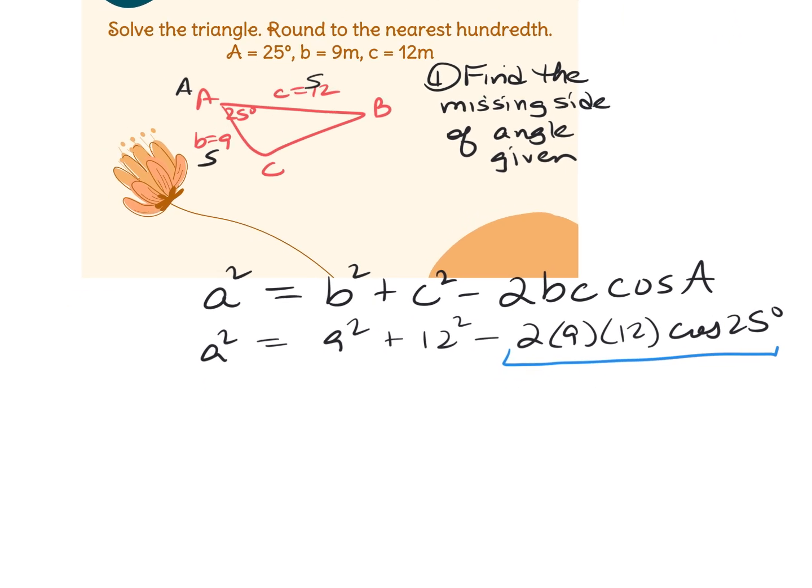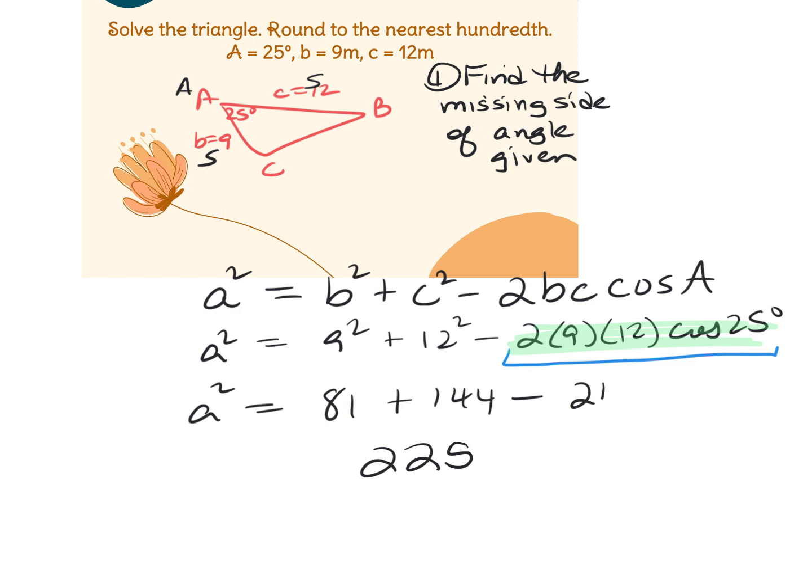If you prefer, go ahead and square the 9 or the B and the C first and add them, and then do all of this multiplication. Or maybe even just multiply the 2, the 9, and the 12, and that'll give you 216 times the cosine of 25, and then multiply this and subtract it from the 225.